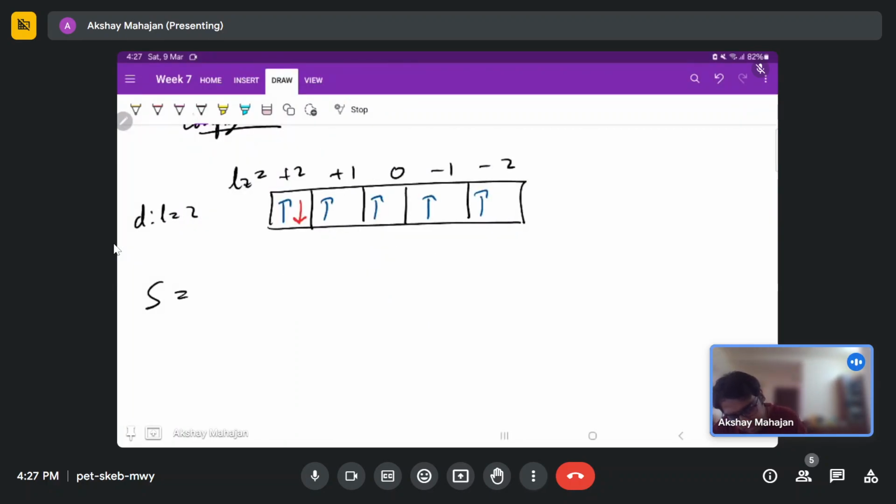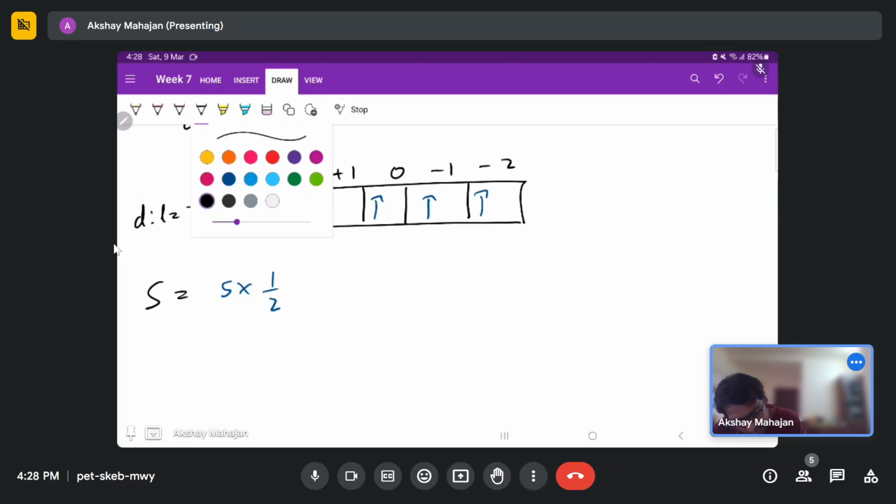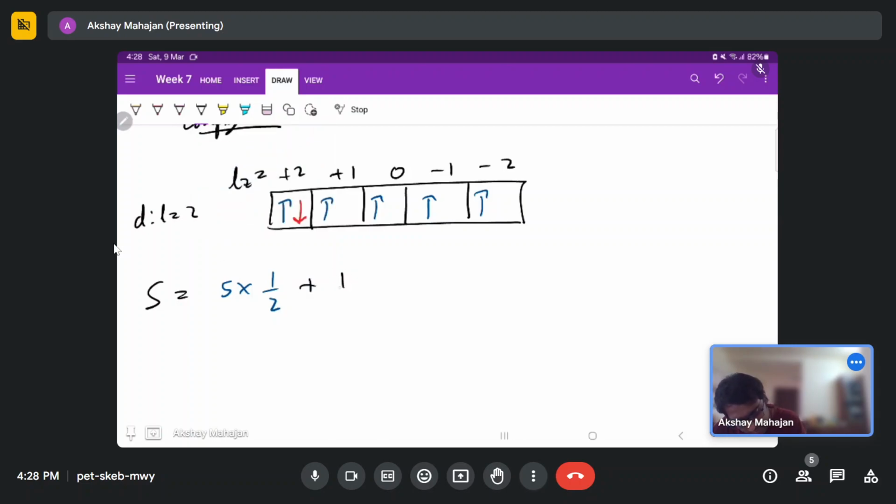Then S is equal to 5 times plus half and 1 spin down.